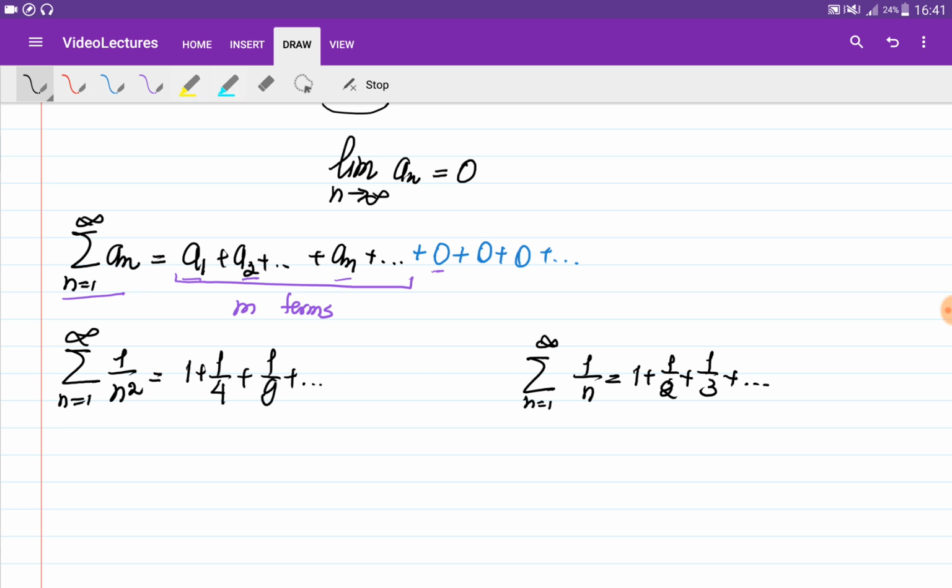In both cases, at some point the terms become so small that we can neglect them. But the problem is that here the terms become 0 faster than here. That is why this series is convergent, and this series is divergent.